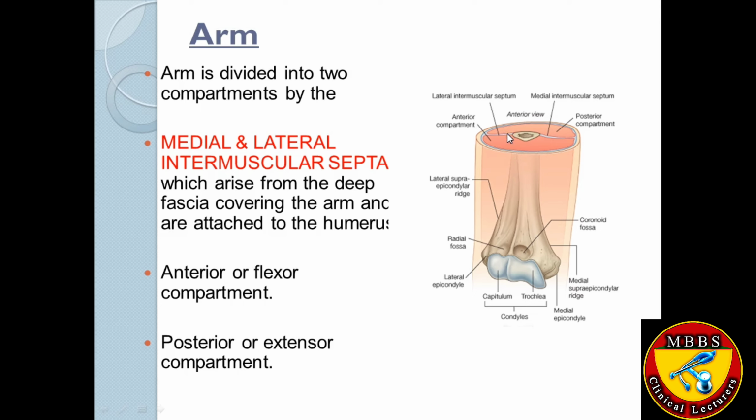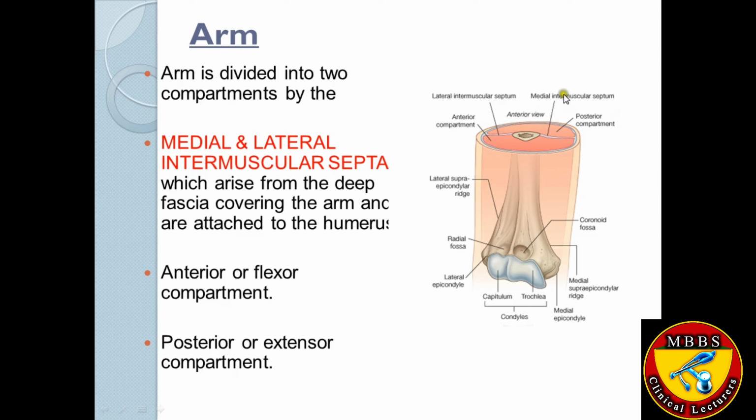Now you remember that the limb is covered by skin. Beneath the skin we have a superficial fascia, and beneath it we have a deep fascia. Fascias are actually connective tissues.